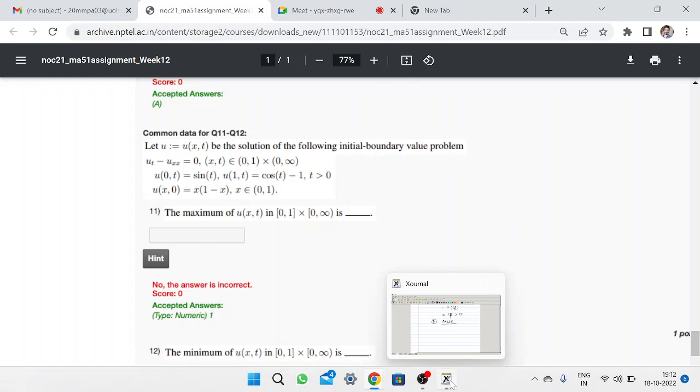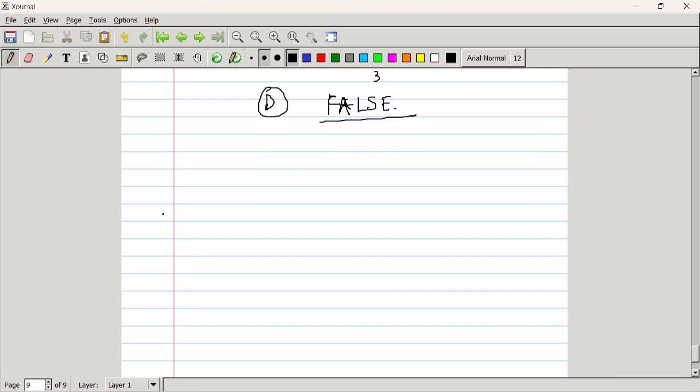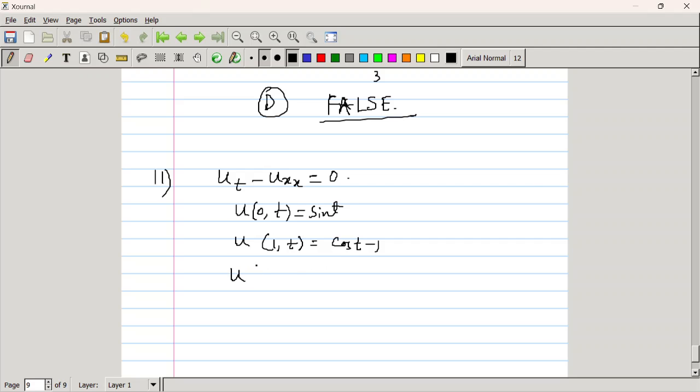So let me write the equation. Number 11 is that u satisfies u t minus u x x equal to 0, with boundary u(0,t) equal to sin t, and u(1,t) equal to cos t minus 1, and u(x,0) equal to x into 1 minus x.